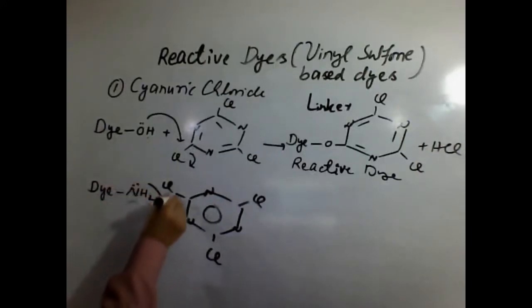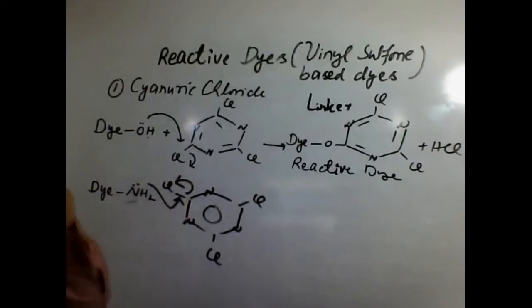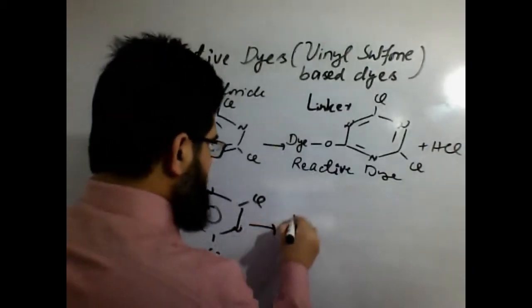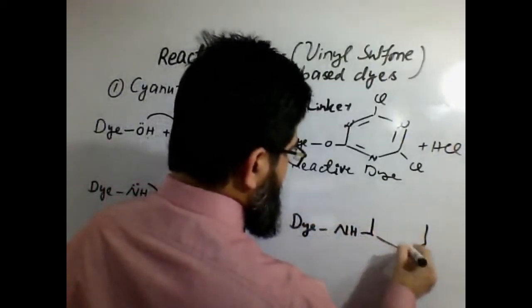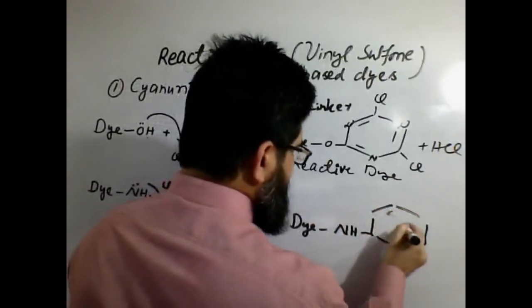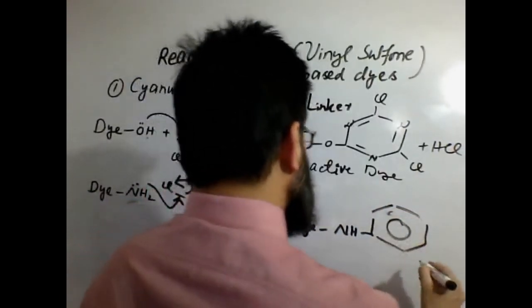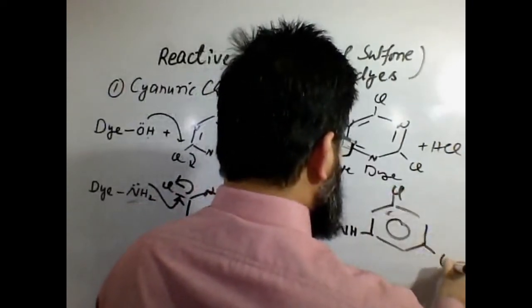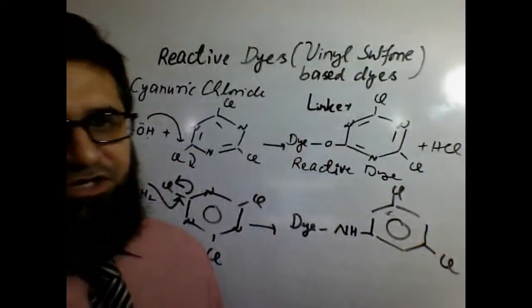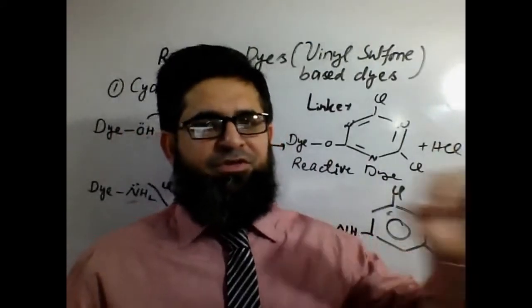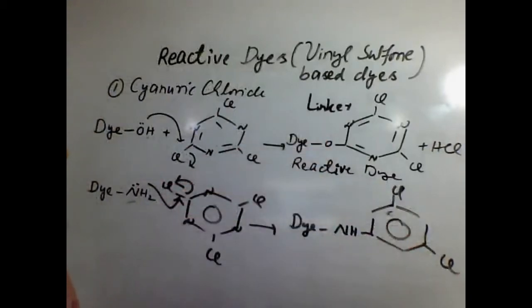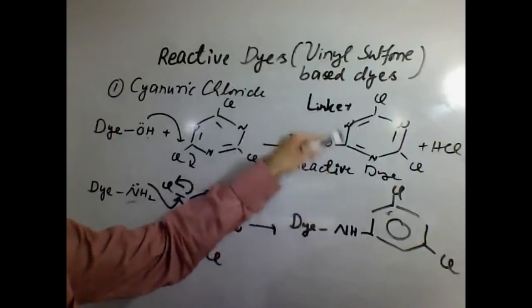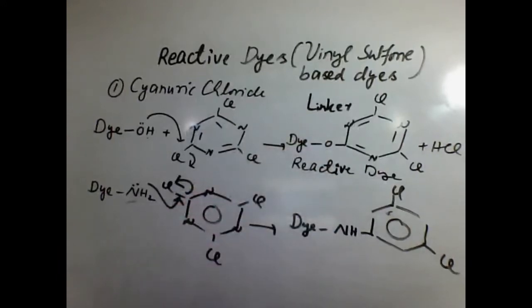Those amines react with cyanuric fluoride under a nucleophilic substitution reaction, giving us a dye molecule carrying cyanuric fluoride functionality, which still has the capacity to react with two other nucleophiles, and those are supposed to be from the cellulosic fiber. This is how these reactive dyes are prepared, and they are made to react with the cellulosic fiber. So this is one of the classes of the reactive dyes, which is cyanuric fluoride based.